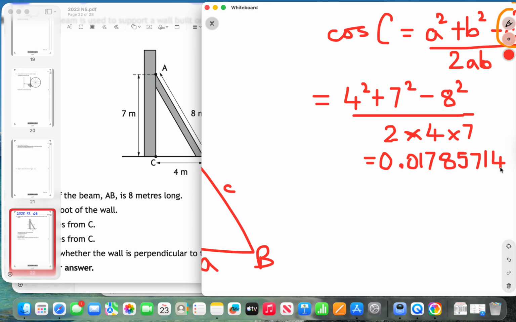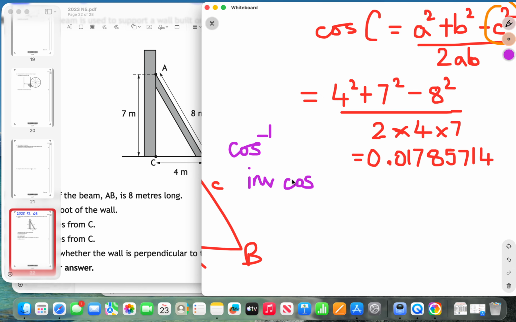We then take the inverse cosine, so that can be written a few ways. It could be cos minus 1. It could say inverse cos. So the calculator should say one of them, most likely.